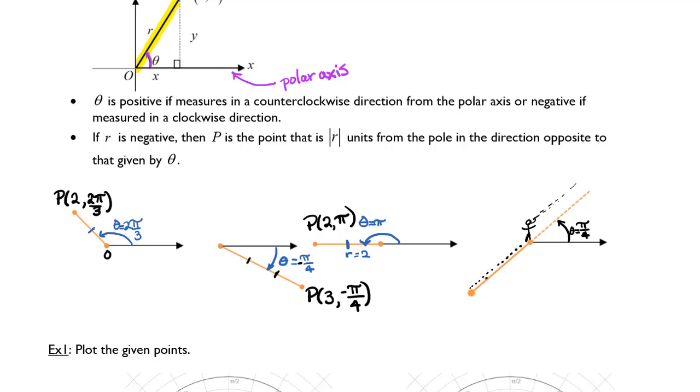So the radius we'll say is 1, 2, 3, 4 units long. And it's going to have to be a negative radius because we backed up instead of moved forward from the origin. So the point here is going to be the point (-4, pi over 4).